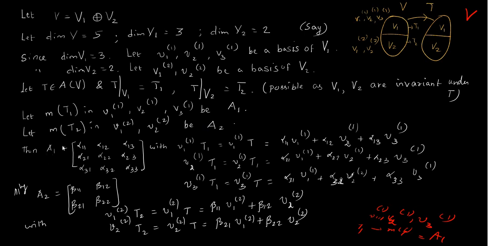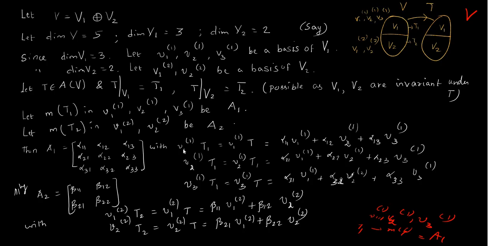So what will be A1? It should be 3 cross 3 because the dimension is 3. And here the dimension is 2, so the corresponding matrix should be of order 2 cross 2. Whatever basis that you have, the same thing should also come here. So that is known to us.